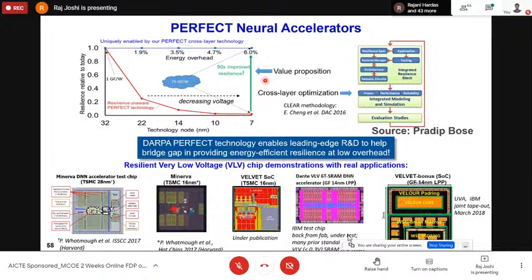It is amazing that cross-layer optimization, this modeling effort which is shown here, is very crucial, across all the layers, multiple layers.